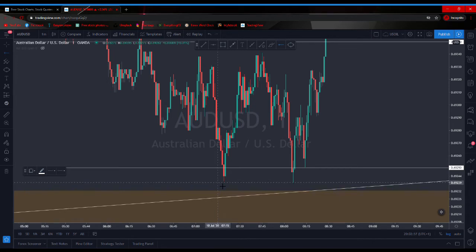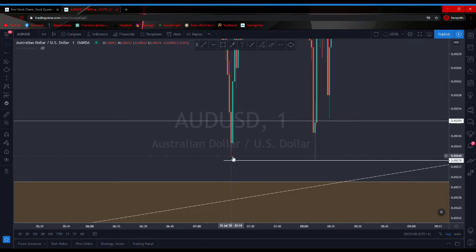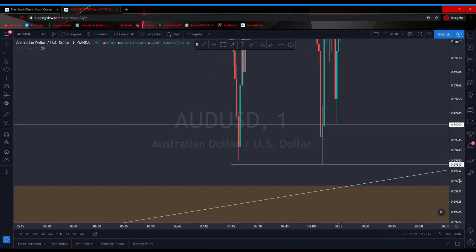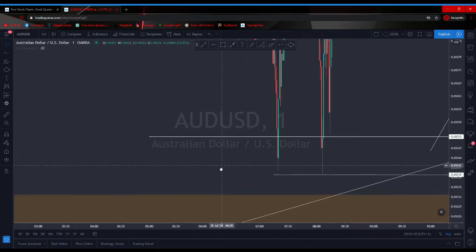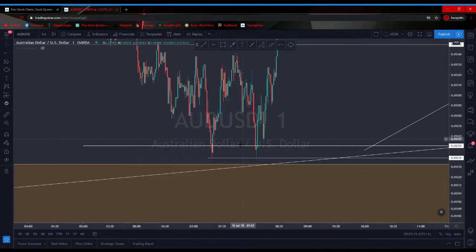I'll take the green from the bottom of this wick, because we can see that there is a little bit of movement here, just to pinpoint the accuracy on this call. 250. The lowest it came was 69239. That is 1 pip drawdown.